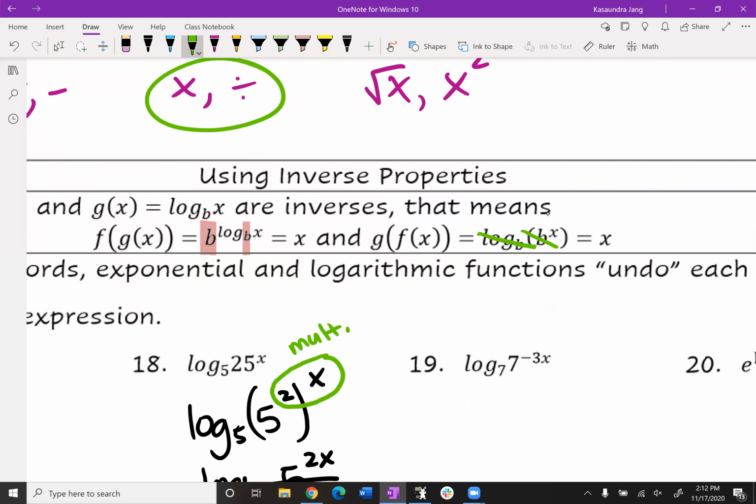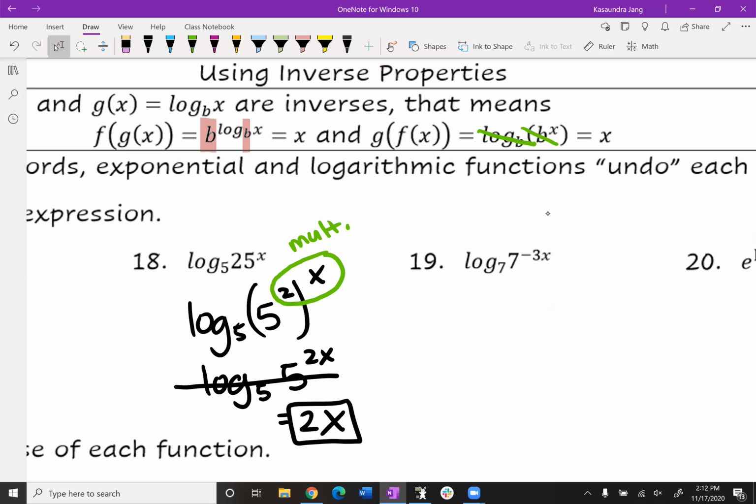Multiplication and division, those are inverses, they totally undo each other. Same deal here. I've got a log base b and exponential base b. So those are gone. All I'm left with is the exponent, in this case an x. Is that a little better? Awesome. Okay. I did want to see a single exponent though. I didn't want to see, like over here, an exponent raised to another exponent. I wanted a single exponent. That's why we got the 2x.